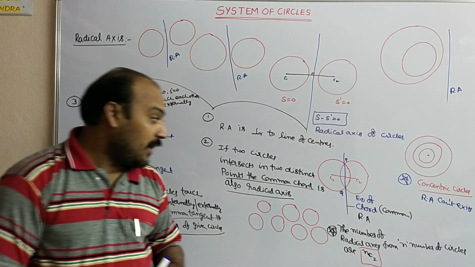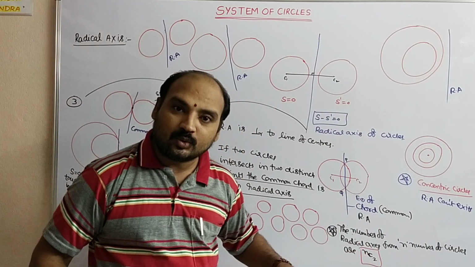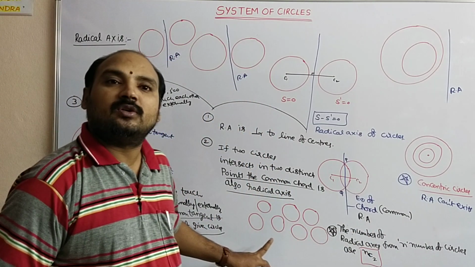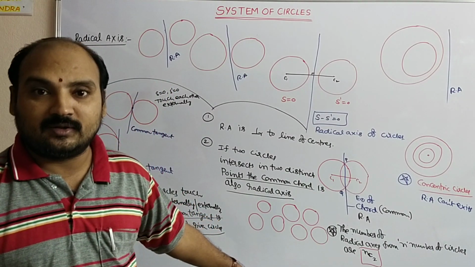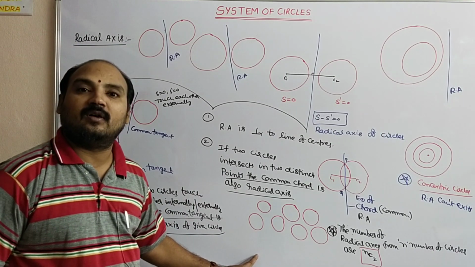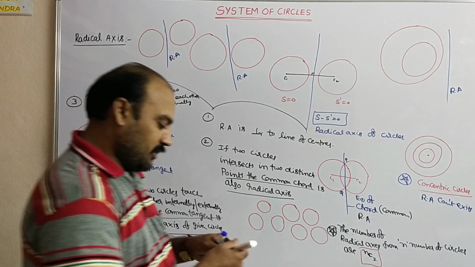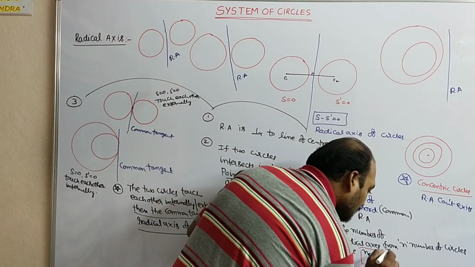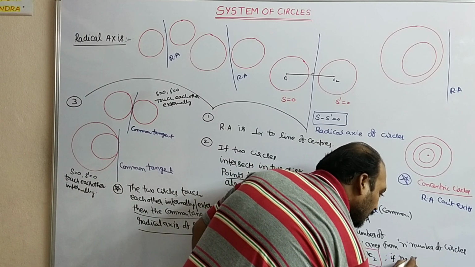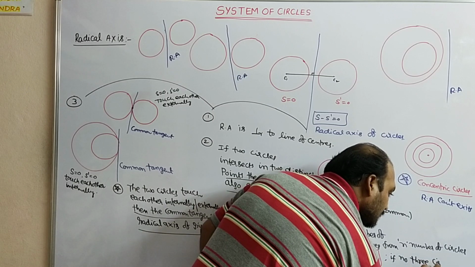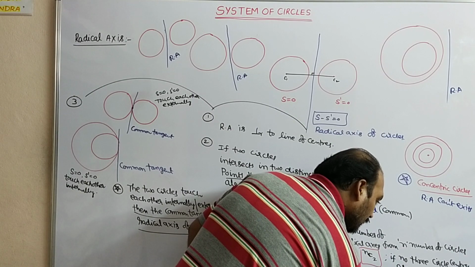The number of radical axes from n number of circles is nC2, provided no three circle centers are collinear. That is very important: no three circle centers are collinear.